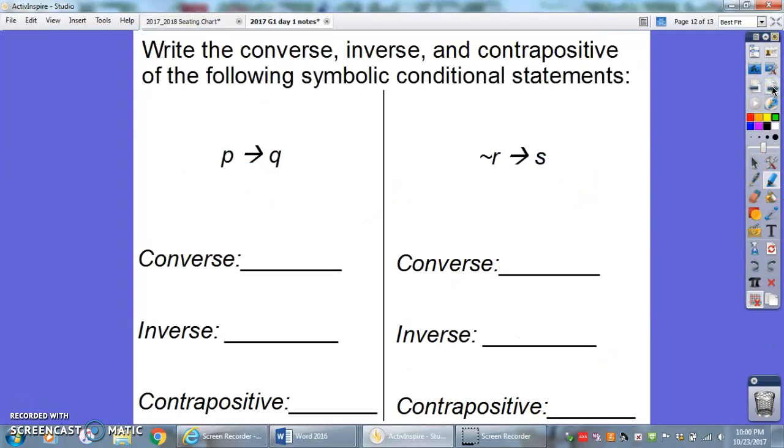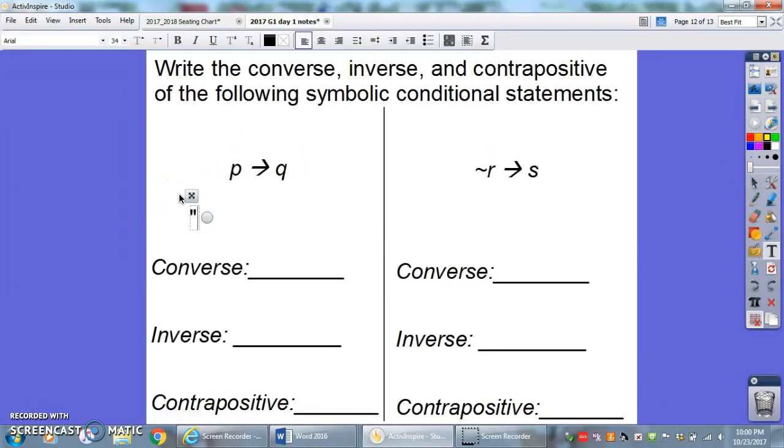Now, for some symbolic statements, we're going to find the converse, inverse, and contrapositive. So, it's still the same. Converse will switch the order. So, you see the letter P, arrow, Q. Now, it actually translates, I'm just going to write what it translates to: if P, then Q. So that's how you would actually say this statement right here.